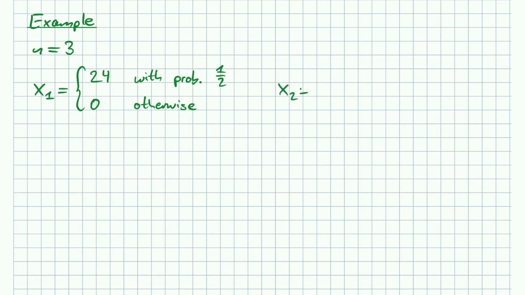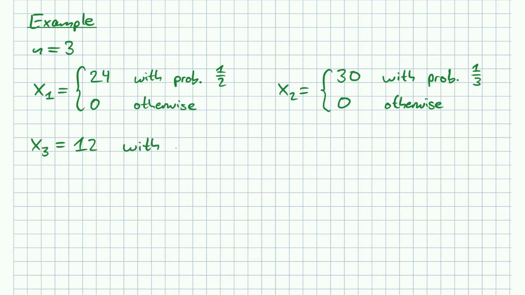We have a second box which contains a prize of 30 with probability a third and is empty otherwise. And we have a third box which always contains a prize of 12. So this is happening with probability 1. And I'm now giving you the constraint that you may open up to 2 boxes.